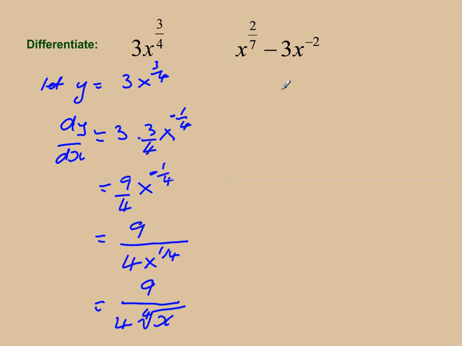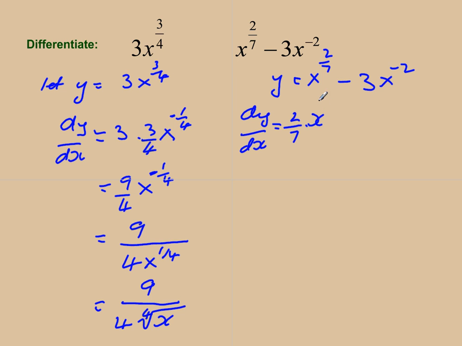Now this one over here, let's say we've got y equal to x to the 2/7 minus 3x to the minus 2. So dy/dx will equal 2/7 times, subtract 1, so 2/7 minus 1 will be -5/7, minus 3 times, then will be -2x to the minus 3.